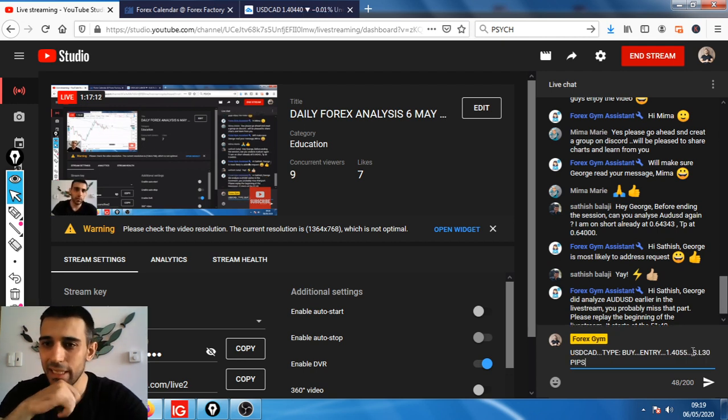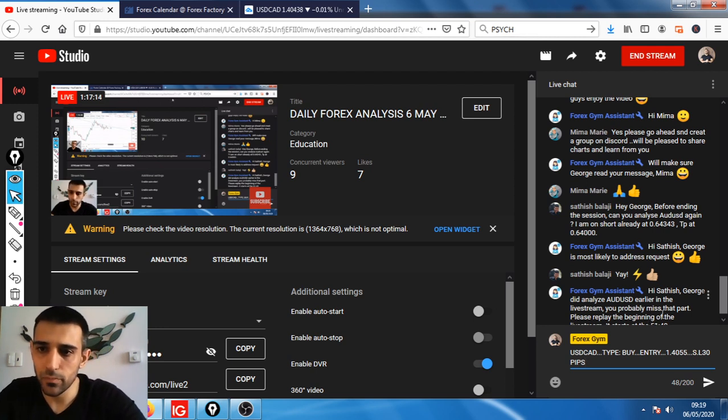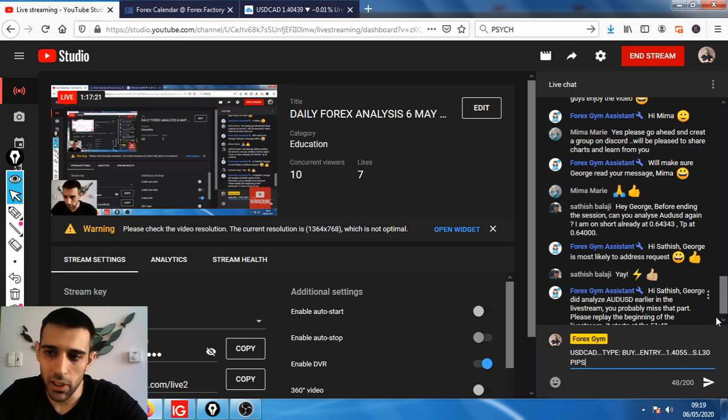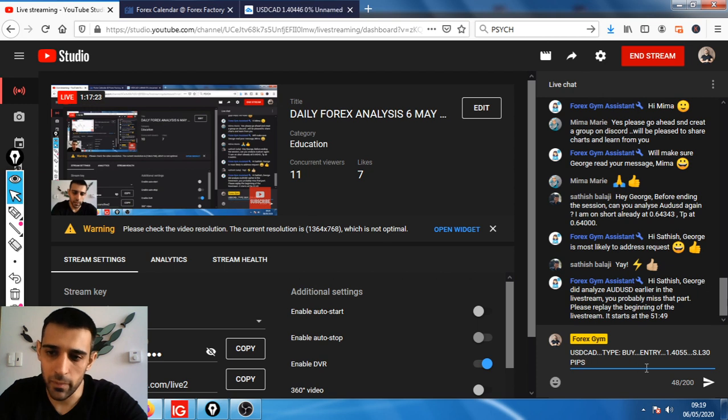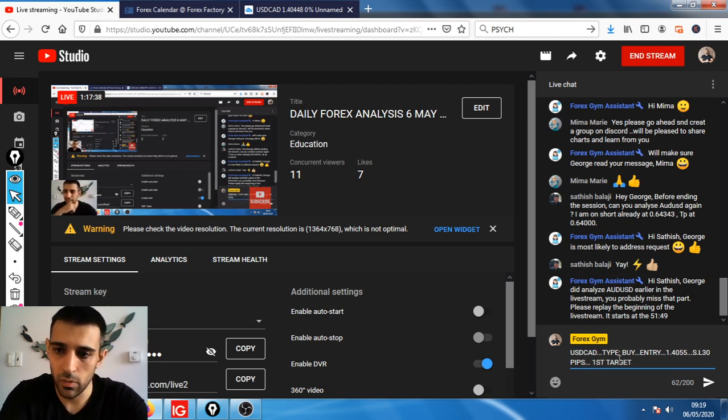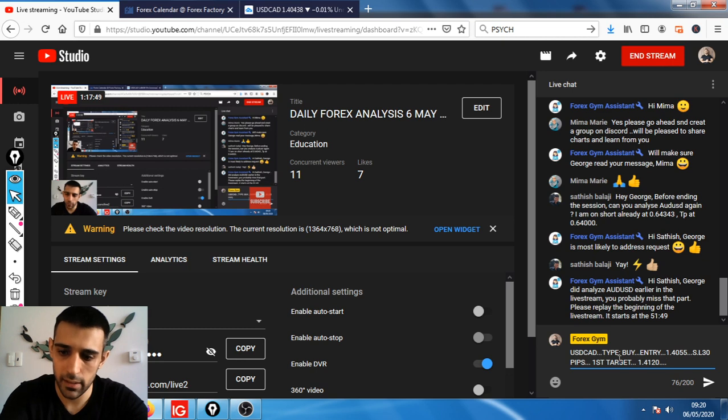If you want to give it a bit wider stop loss, you can use extra. You can give it an extra 5 pips on the first target, but do not give it too wide unless you're holding into the second target. So the stop loss is 30 pips, and the first target was 141.20.